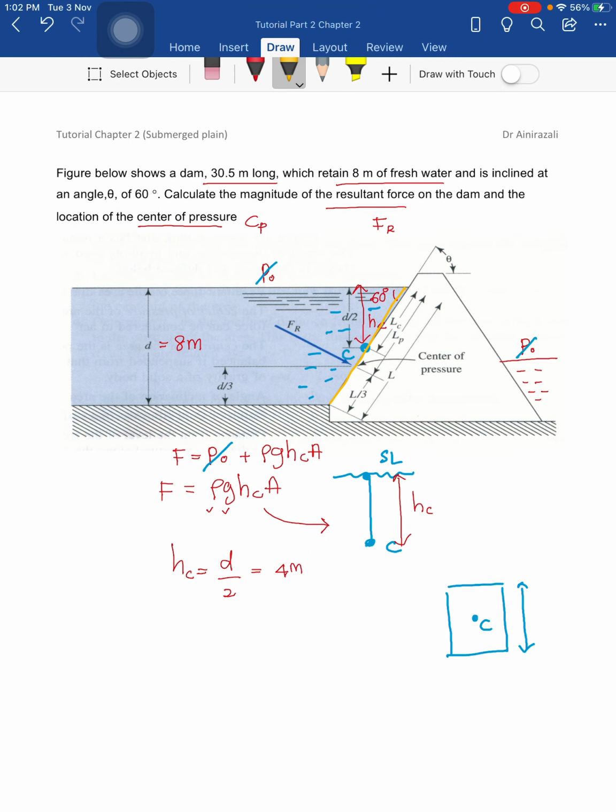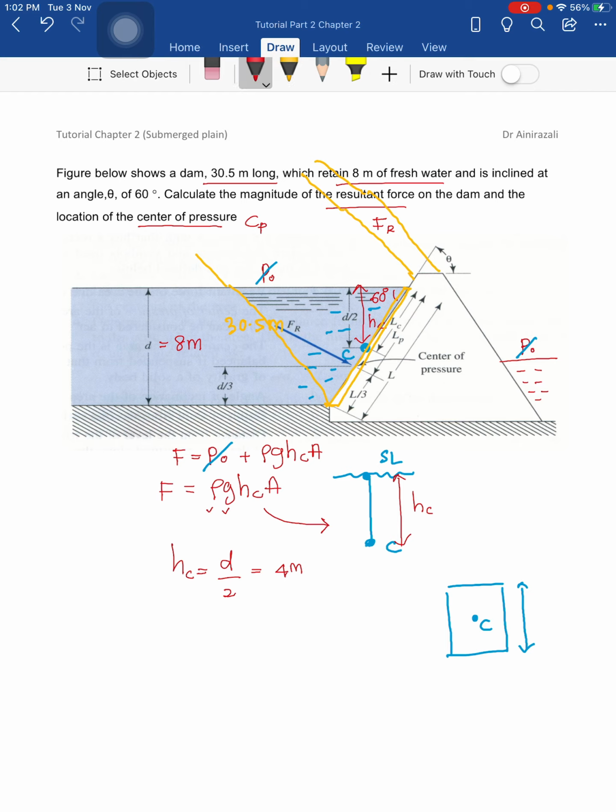You have to calculate the area of the surface that touches the liquid. Now you have the length of the dam. This is a 3D imagination, so you have to imagine the 3D of the shape. So 30.5 means the dam is 30.5 meter long.